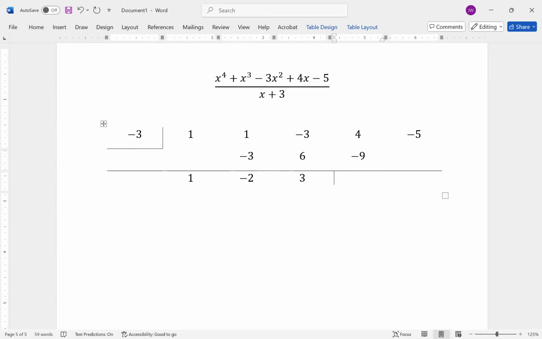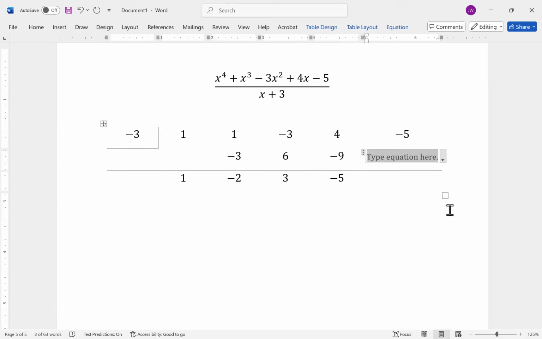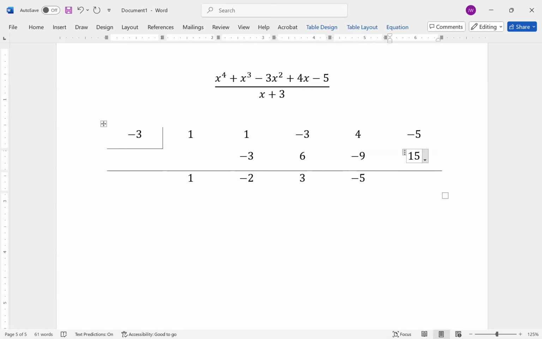Add those two up, we get a -5. -5 times -3 gives me a +15. When I add those two things up, I get a 10.